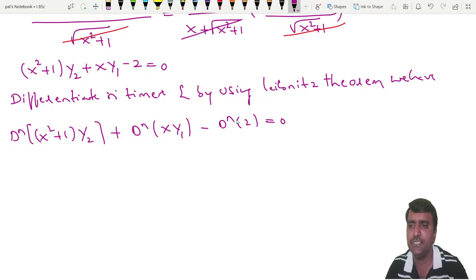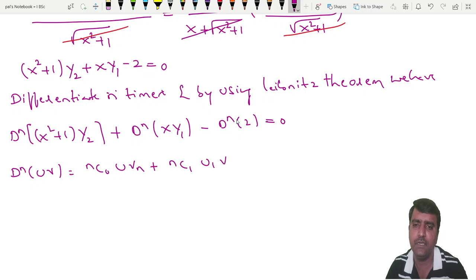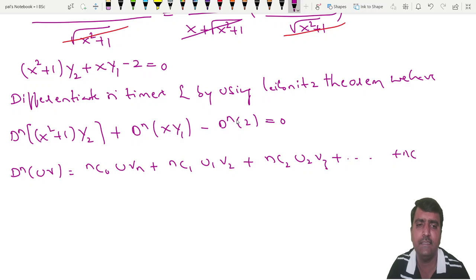As here, you take nth differentiation of a product. Nth differentiation of UV is equal to nC0 into U V_n plus nC1 into U1 V_(n-1) plus nC2 into U2 V_(n-2), and this continues like this up to the term nCn into U_n V. Here u is the function as it is, V_n means nth differentiation of v.